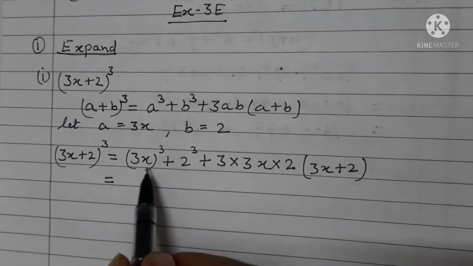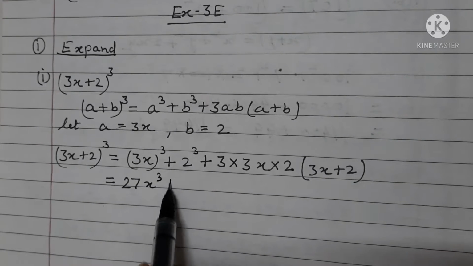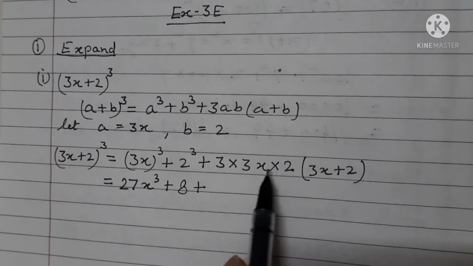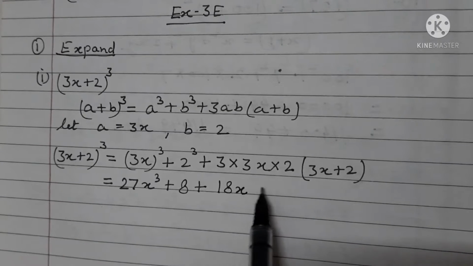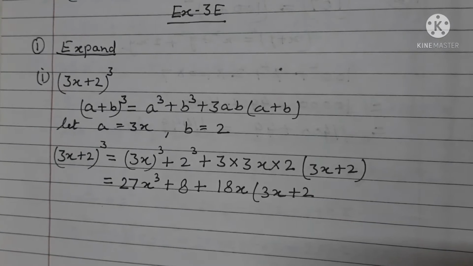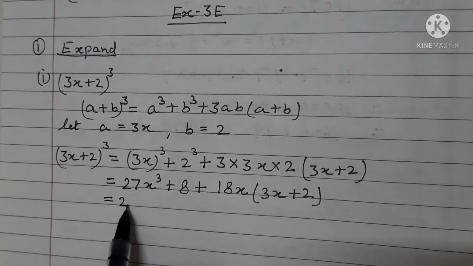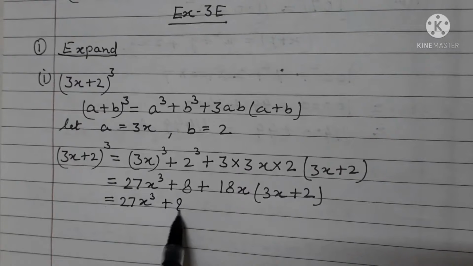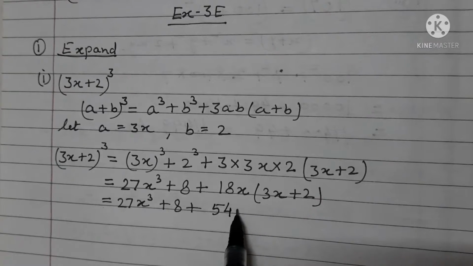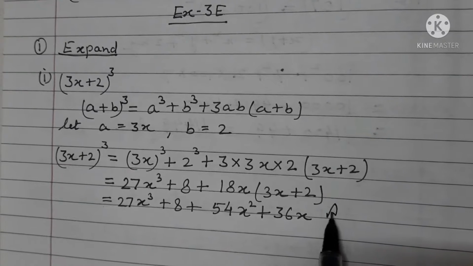Now solving: 3 × 3 × 3 is 27x³ plus 2 cubed is 8, plus 3 × 3 is 9, 9 × 2 is 18x, and (3x + 2). Now you multiply 18x in the bracket, so you will get 18 × 3 is 54x² plus 18 × 2 is 36x. Answer.